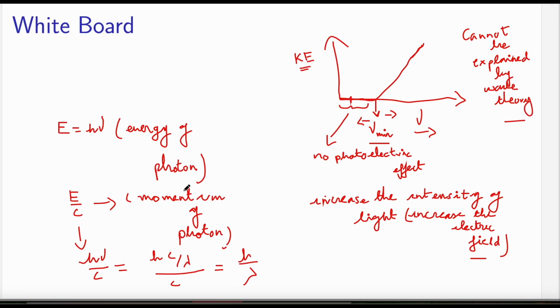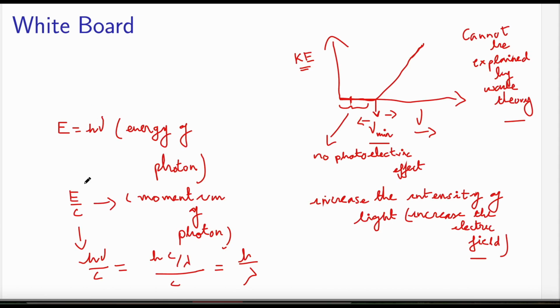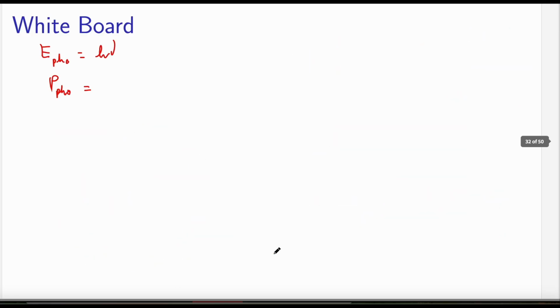So what we see is this: E photon is equal to h nu, and p, the momentum of the photon, is equal to h by lambda.